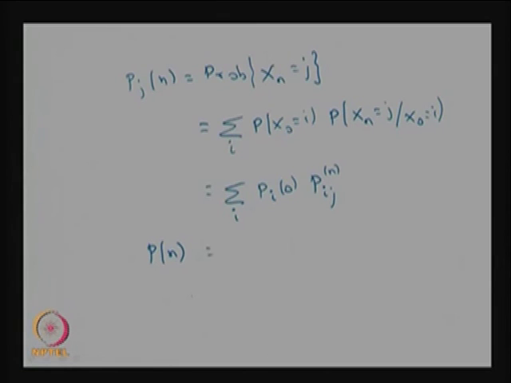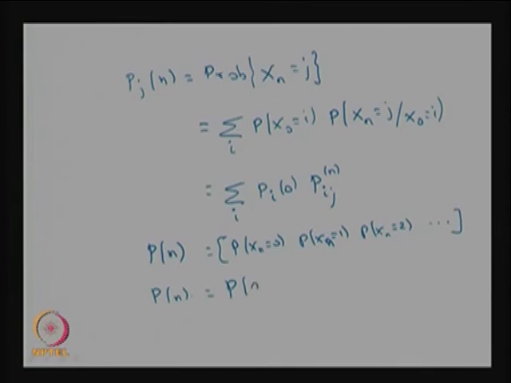So, this is nothing but the probability that in the nth step the system will be in state 0, or in the nth step the system will be in state 1, and in the nth step the system will be in state 2, and so on. This is the vector. So, the p of n you can find out in the matrix form by using the above equation.